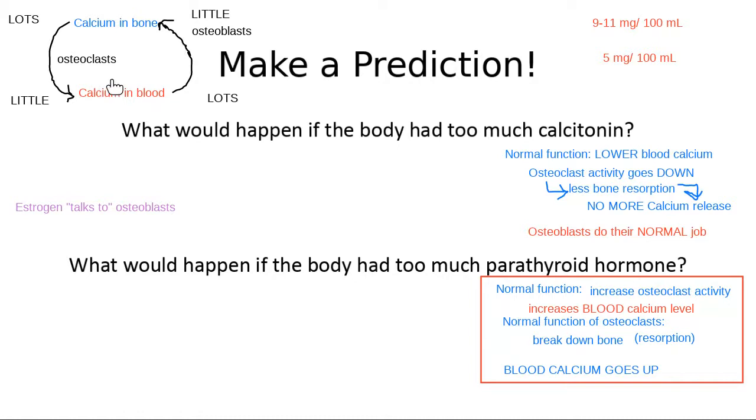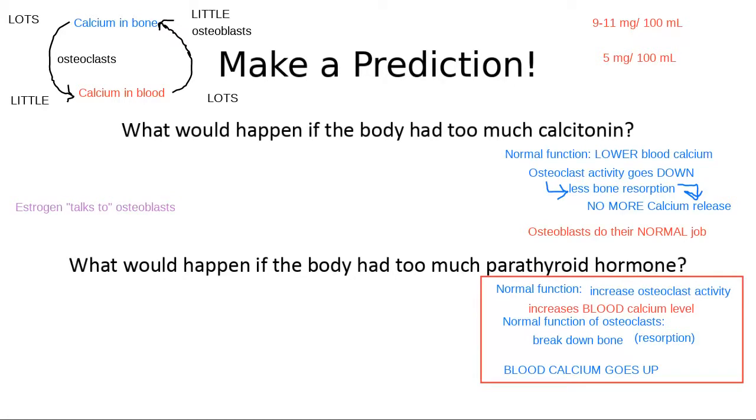So the question is, can your thyroid cause you to have osteoporosis? The corollary question to that is, when we talk about the thyroid gland, which of these hormones does the thyroid gland make? Do we remember from yesterday? Yeah, so my thyroid gland, we'll add a note about that.